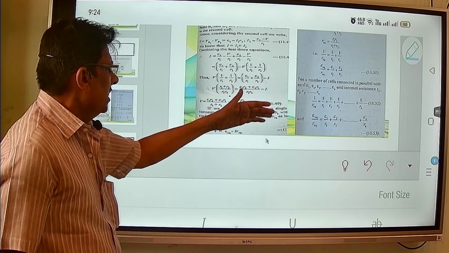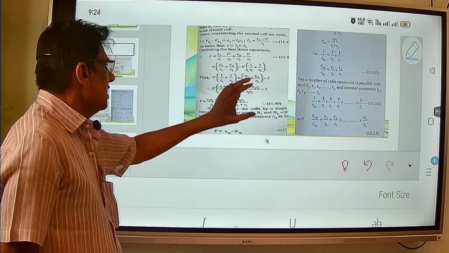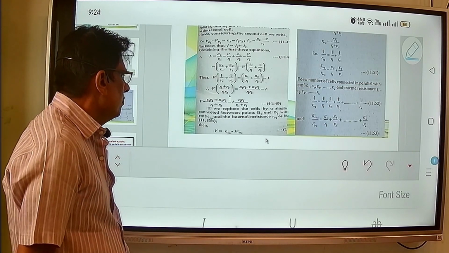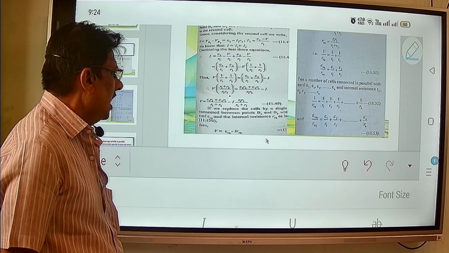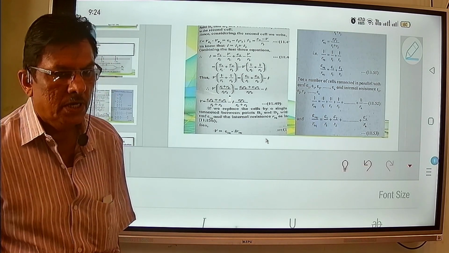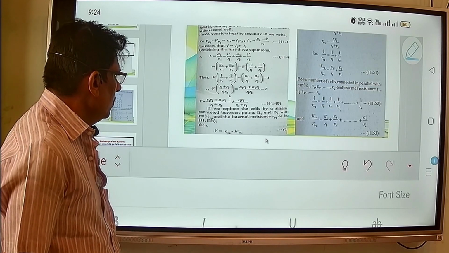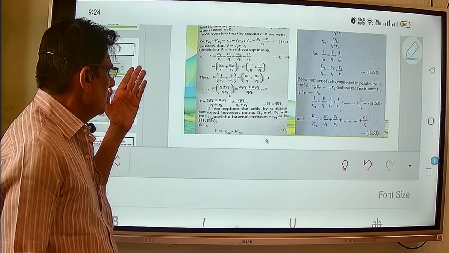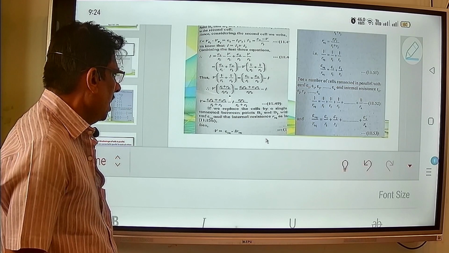So we multiply and divide it by R1R2 and rearrange, and we get V is equal to (E1R2 plus E2R1) upon (R1 plus R2) minus I times R1R2 upon (R1 plus R2). So we have the equation similar to V is equal to EMF minus I into R.